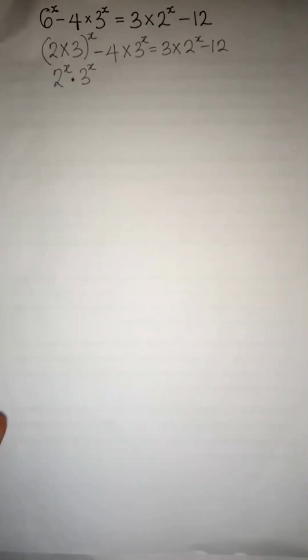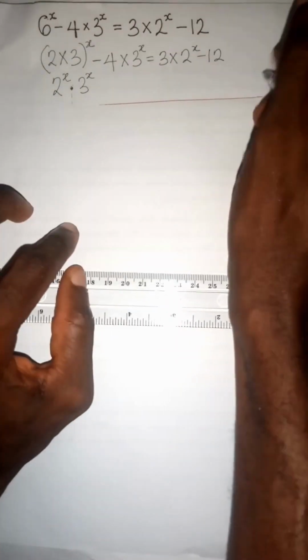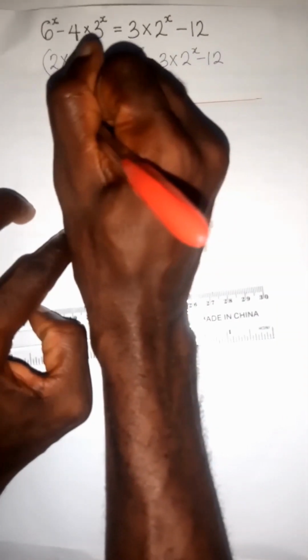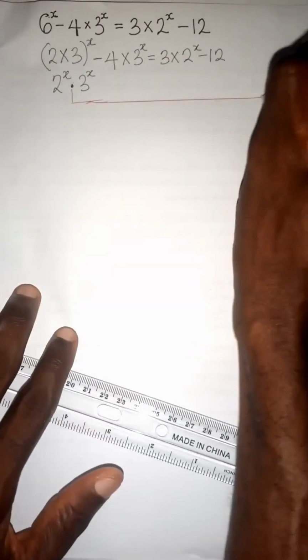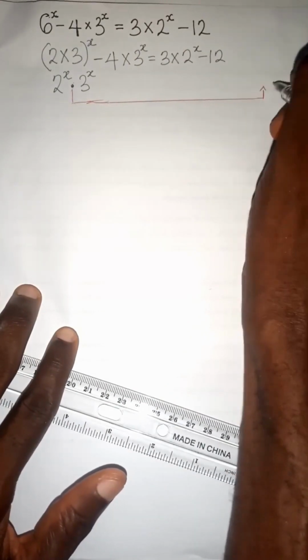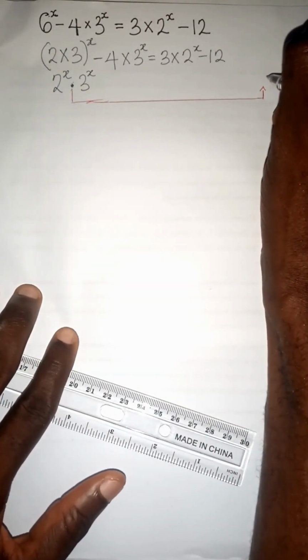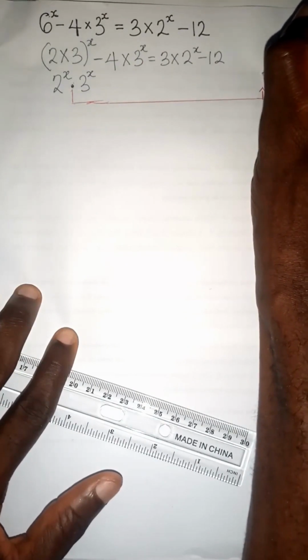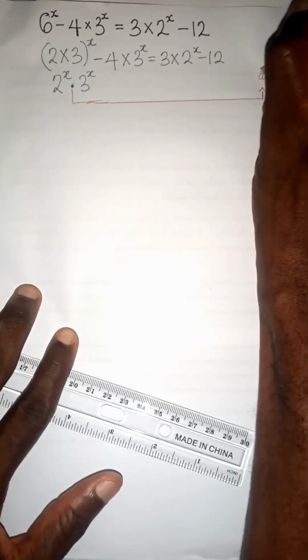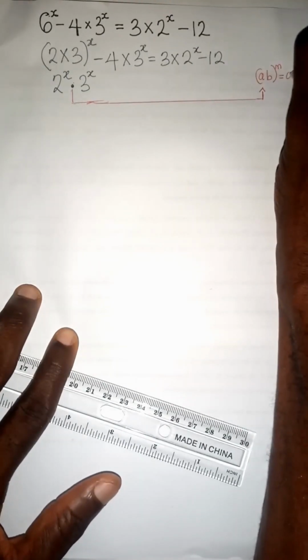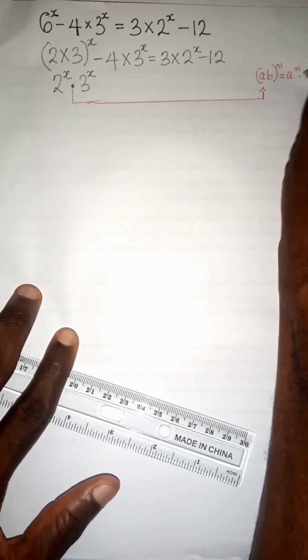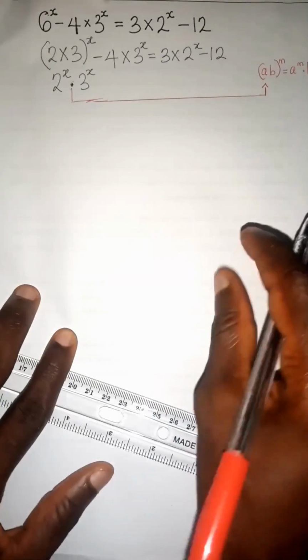This is because from the law of exponents and powers, if we have a times b to the power of m, it can be expressed or written as a to the power of m multiplying b to the power of m.